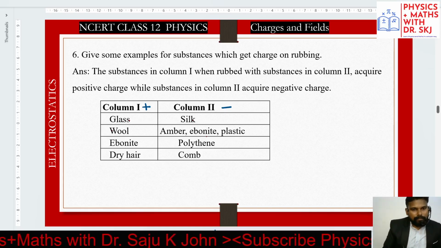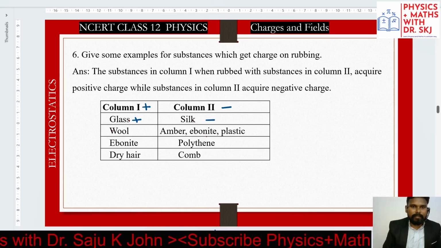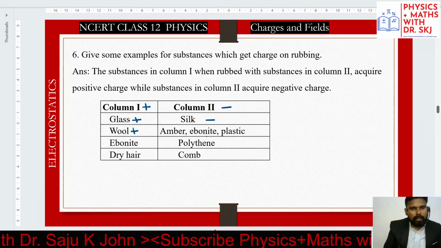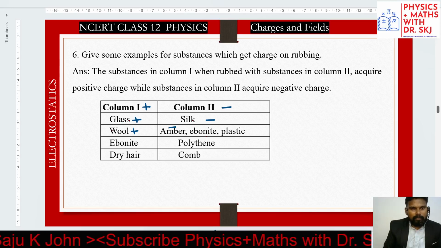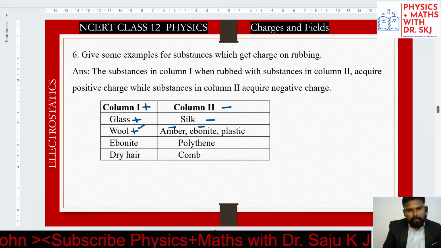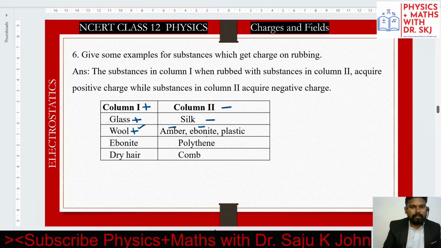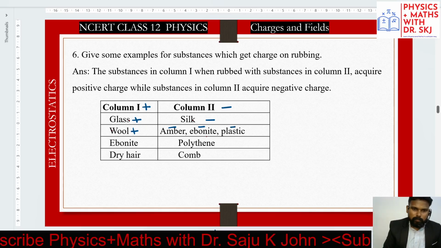When a glass rod is rubbed with silk, the glass rod is positively charged and silk is negatively charged. Similarly, when wool is rubbed with amber, wool is positively charged and amber is negatively charged. When wool is rubbed with ebonite, wool is positively charged and ebonite is negatively charged. When wool is rubbed with plastic, plastic is negatively charged and wool is positively charged.